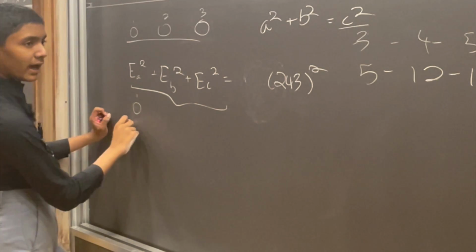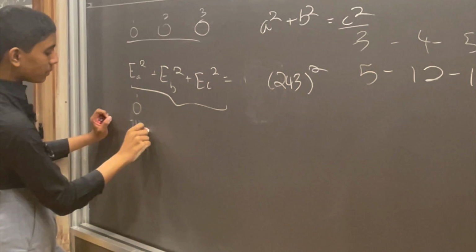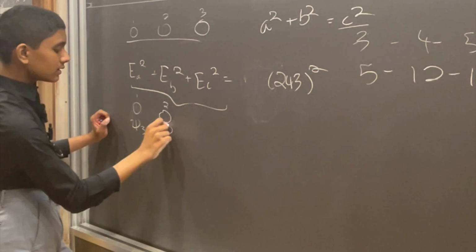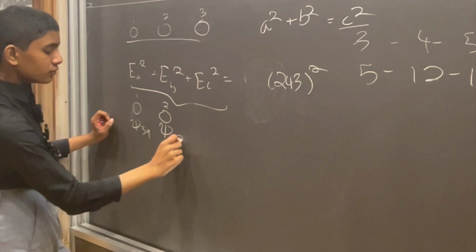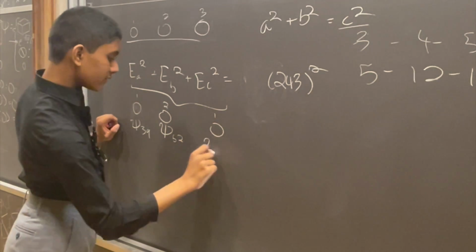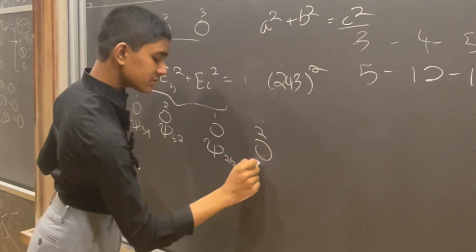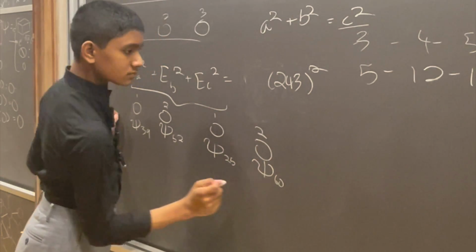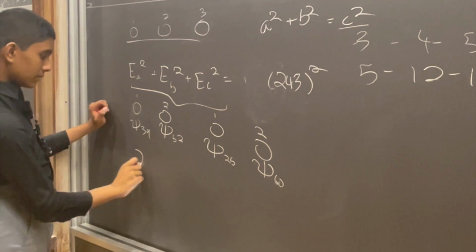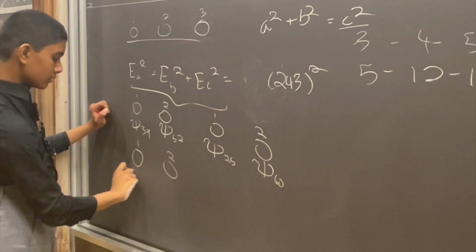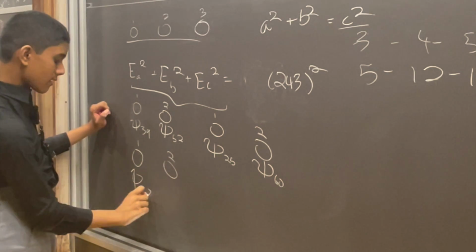Particle 1 could have psi 39, and particle 2 could have psi 52. Particle 1 could have psi 25, and particle 2 could have psi 60. Then, particle 1, particle 2, you can just swap the orders.